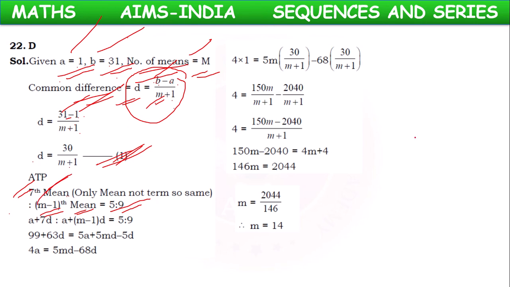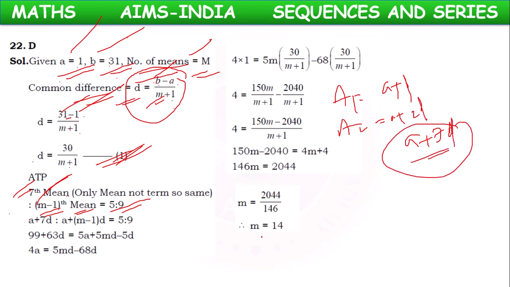The 7th mean formula is a plus 7d, because the first arithmetic mean value a1 equals a plus d, a2 equals a plus 2d. In the same way, the 7th arithmetic mean value is a plus 7d. So we can keep the direct formula here. And the m minus 1th mean value is a plus m minus 1 into d. We can keep their value formulas, which is equal to 5:9.